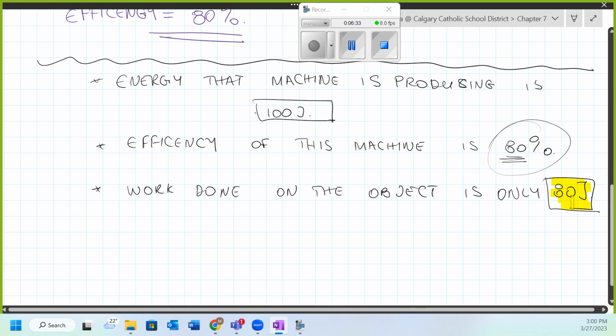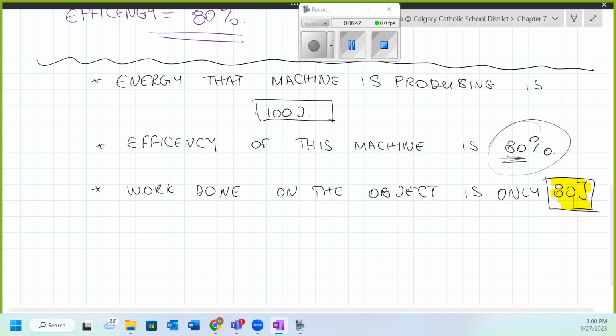Now you may say, well, Miss, you just talked about the conservation law of energy and the conservation law of mass. Yes, I did, but keep in mind that some energy is lost into the environment in the form of sound, heat, or light, or things like that.